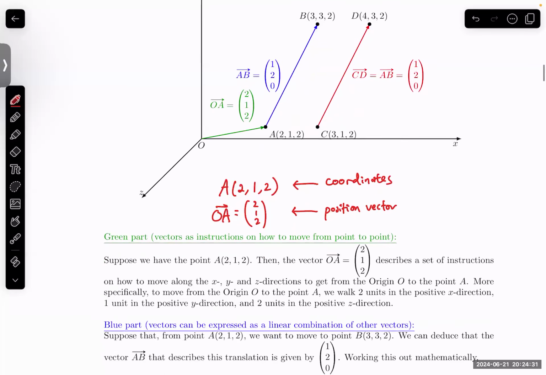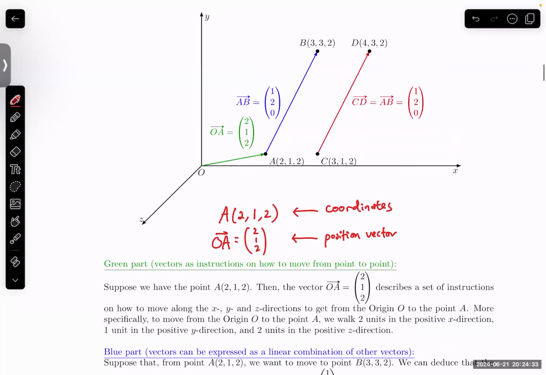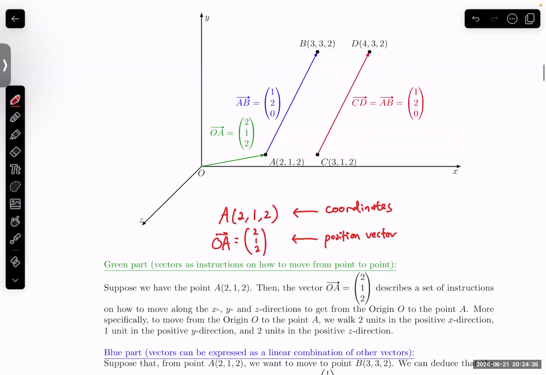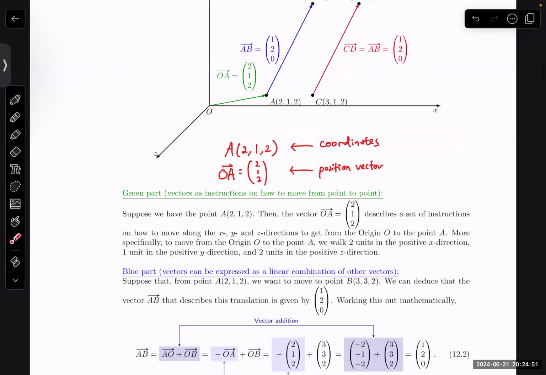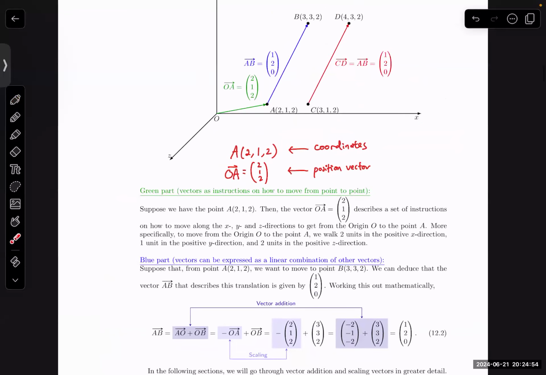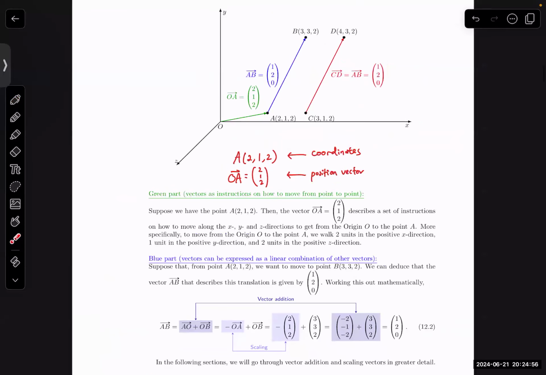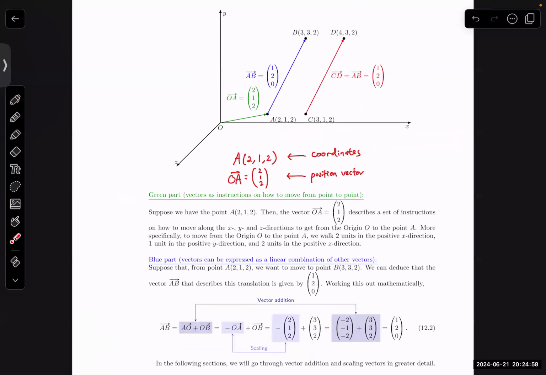Okay, so the green part illustrates that a vector is kind of like an instruction on how to move from point to point, particularly in this case, from O, origin, to point A, which has this set of coordinates. Okay, now this blue vector, I will use this blue vector to illustrate that I can, in a sense, decompose a vector into multiple vectors.